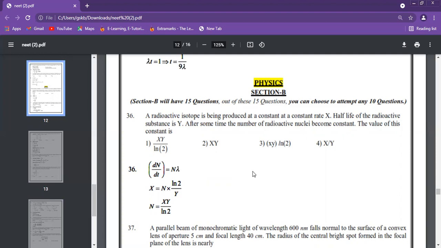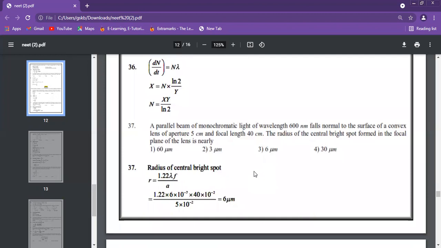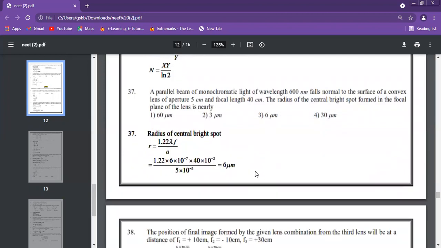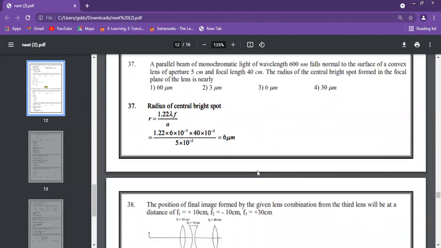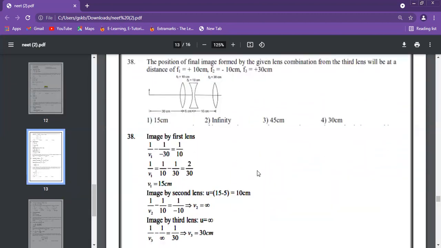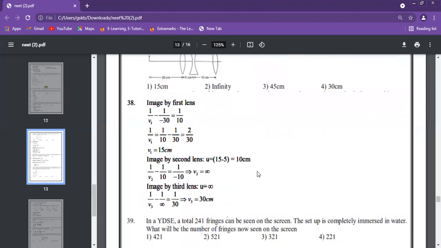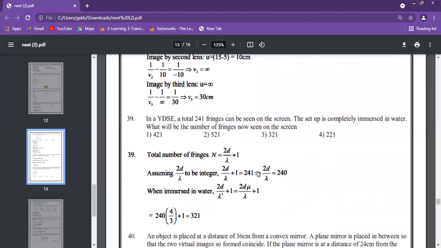Okay. So this is also the radioactivity concept. This is wave optics, you can write. This is ray optics. Again, number of fringes, this is wave optics.